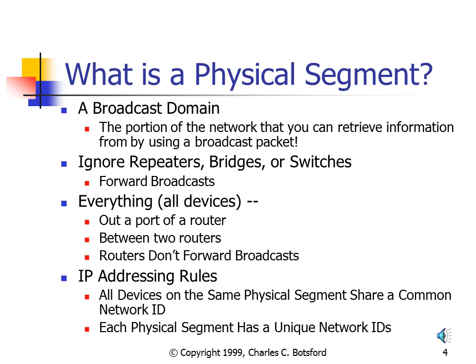Also, each physical segment has a unique network ID. So if we have a router with 3 different ports, that would give us 3 physical segments, and each physical segment would have a unique network ID, keeping in mind that all devices on each of those physical segments would share the common network ID for that physical segment.